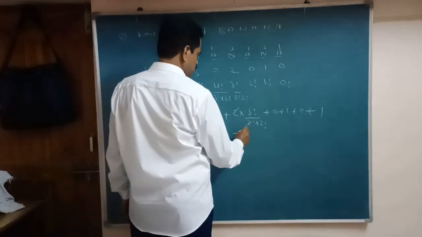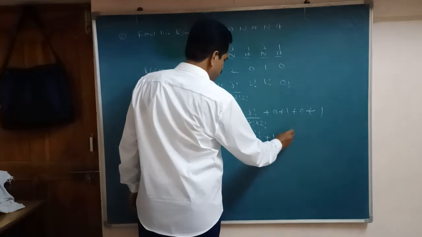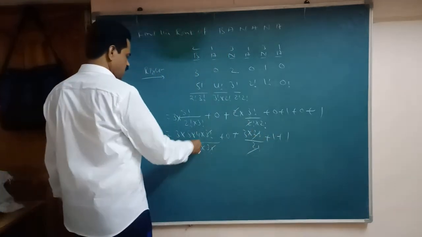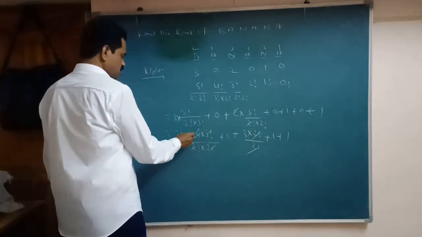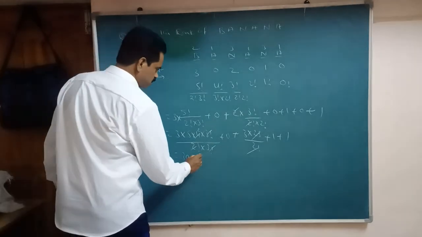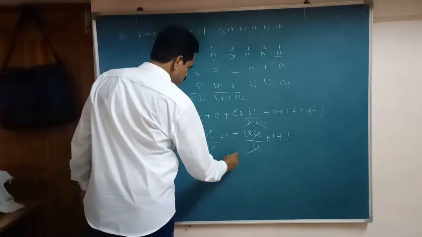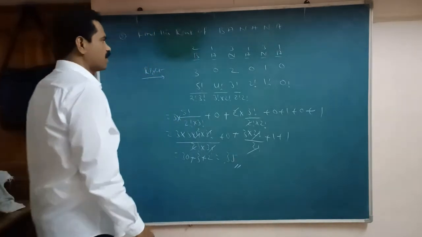Here 2 cancel. 3 into 2 factorial by 2 factorial plus 1 plus 1. 2 cancel, 3 cancel, 2 cancel. 10, it is how much? 30. So plus 3 plus 1 2. It is how much? 35. Banana.